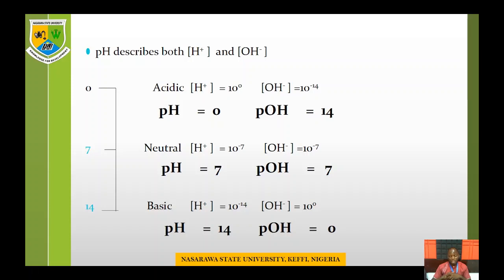Then for a solution that is basic, the hydrogen ion concentration equals 10 raised to the power minus 14, and the pH is 14. Then for such a solution, the pOH equals 0, and the concentration of hydroxy ion equals 10 raised to the power 0.